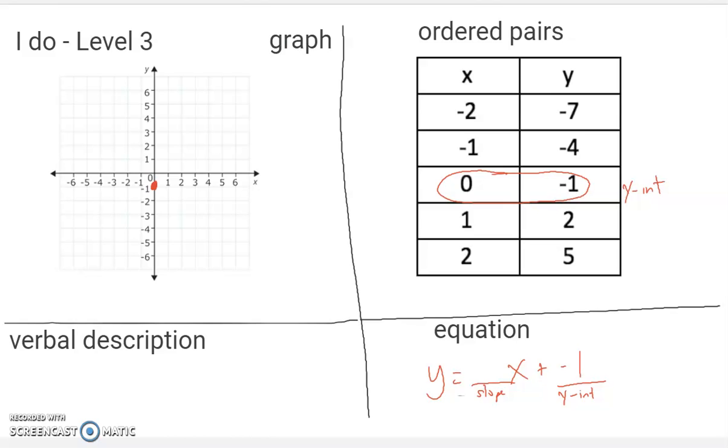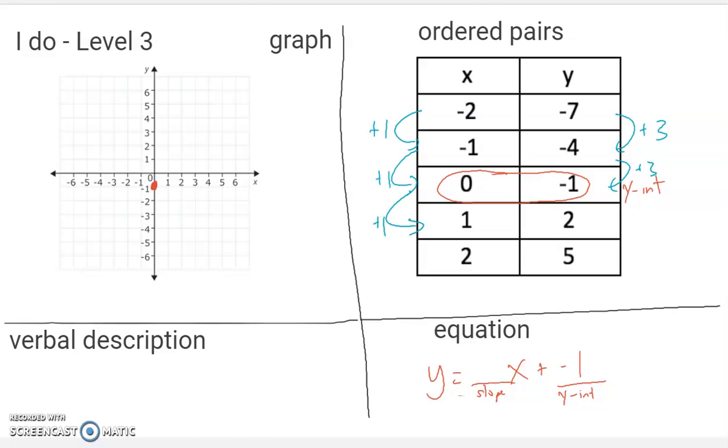Slope. Don't have the slope, but we worked a long time on finding slope. You know how to find a slope from a table. I just have to do it. So in this case, each time x goes up by 1, y goes up by 3. X goes up by 1, y goes up by 3.